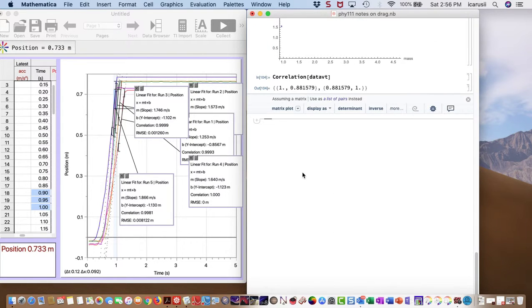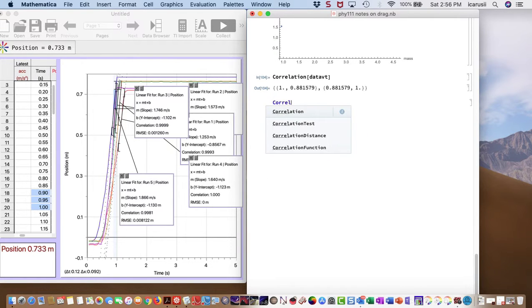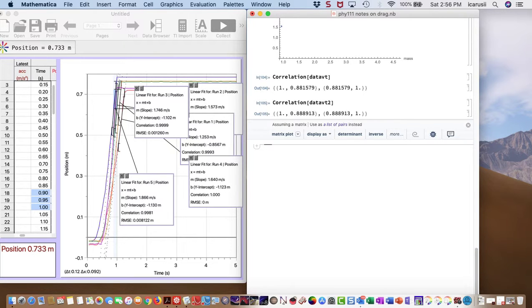Let's take a look at my second set, this guy here. .1 versus 88.89.